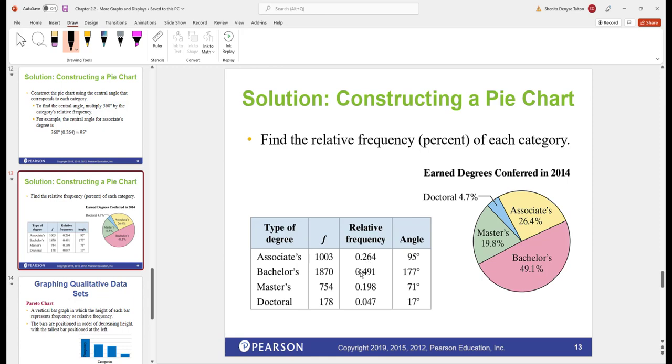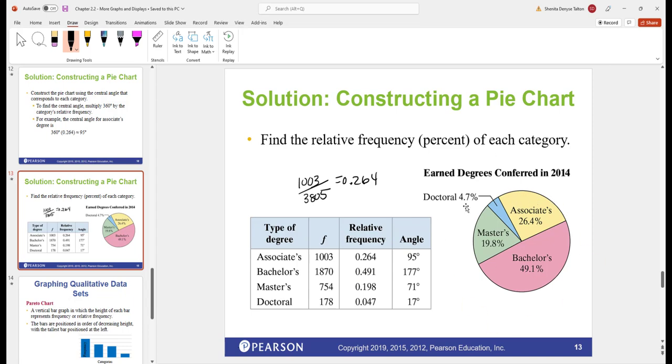Remember, we calculated relative frequency to be the frequency divided by the total number of data values. In this case, we have 3,805. When we divide that out, we get 0.264. We're going to multiply that by 360, and that gives me a 95-degree angle. But remember, a circle is 360 degrees, so 95 is just a slice of that 360.